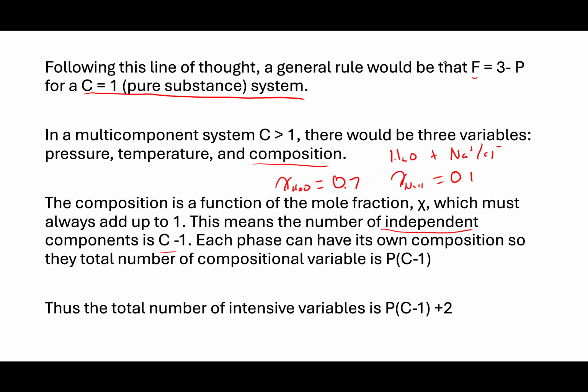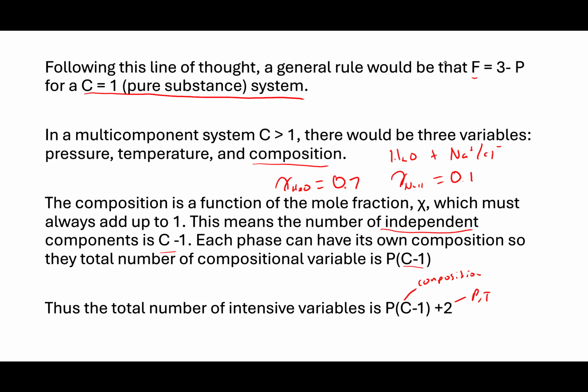The total number of compositional variables is P times C minus 1, the number of independent components times the number of phases. Thus, the total number of intensive variables is P times (C minus 1), which covers all the composition, plus 2 for pressure and temperature.